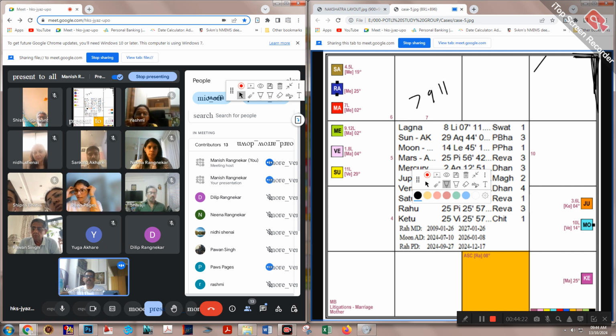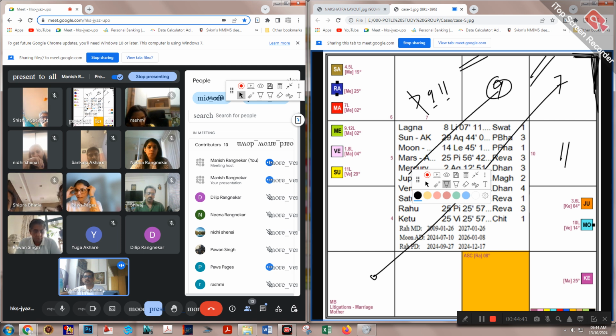If the ascendant is here, the 7th from here will be the Badhak house. Of the remaining two, 9th and 11th, which one is smaller? 9th is smaller, so we give 9th before it and 11th after it. So if this is the ascendant, the 9th from here, which is this one, will be the Badhak. If this is the ascendant, the 11th from here, which is this one, will be the Badhak. Okay, now you understood?